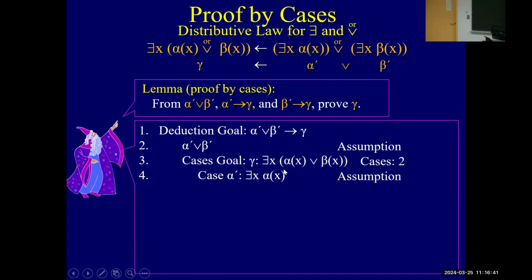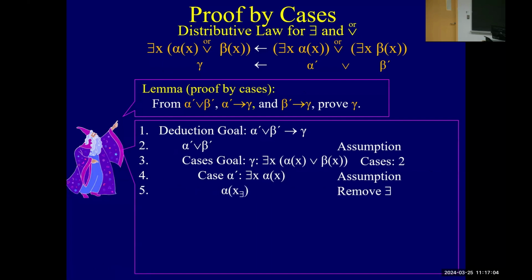All right, so we're going to have, this just says by cases, line 2 is that we have the or here, right? So here, our first case is that we have this side. So we have there exists an X. Now we know there exists an X for which alpha is true, right? That means we can remove the exists.